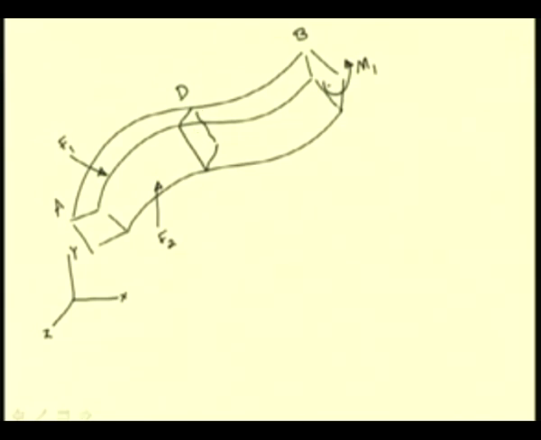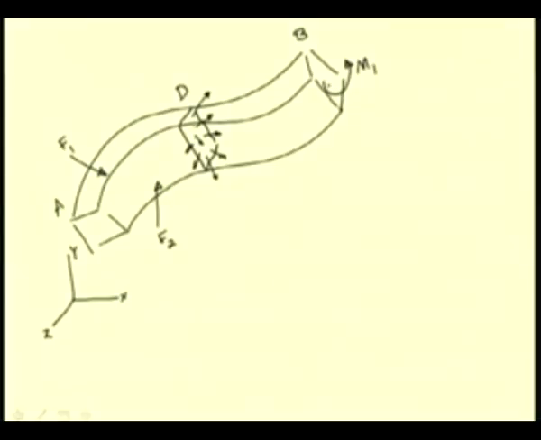For the equilibrium of this member, the internal forces that will be developed at this section D can be represented by all these forces. All these forces are three dimensional, they can have any orientation. So, let us consider this section.